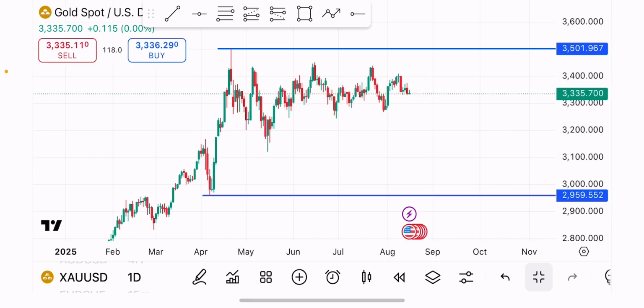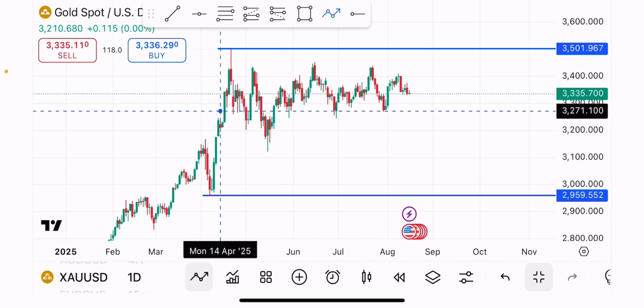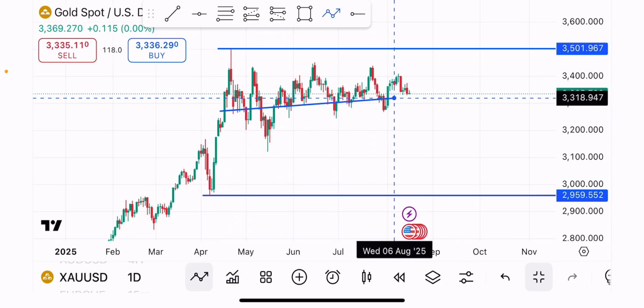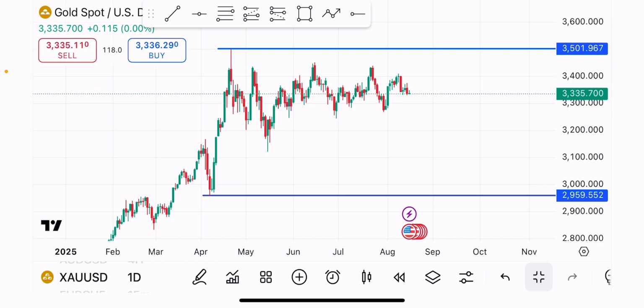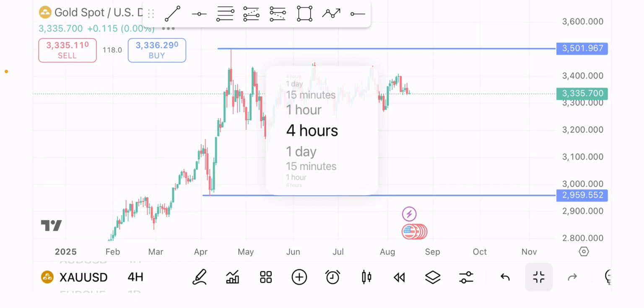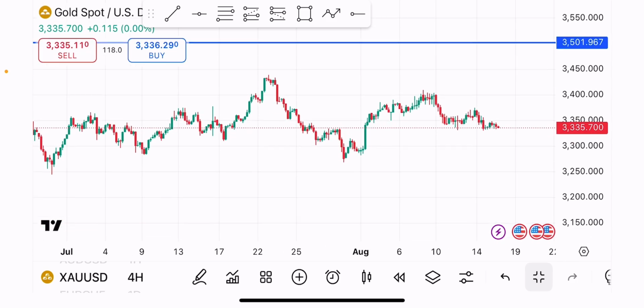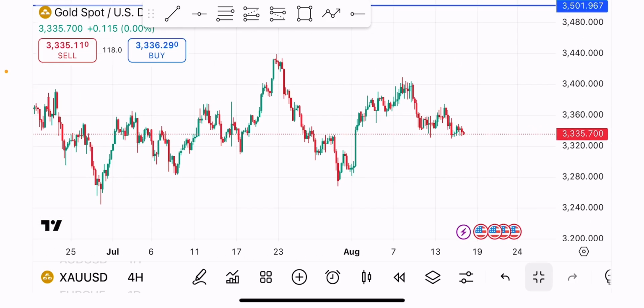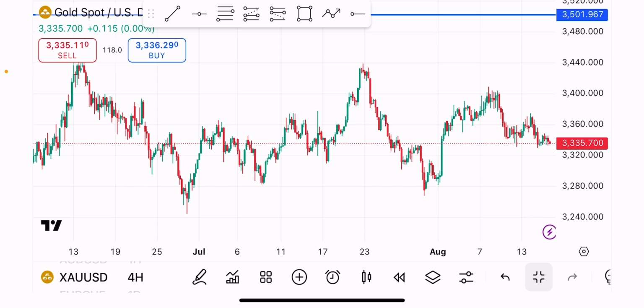So we are still in between. We are trading in between the swing high and swing low. Do you understand? So now let's go to our 4-hour time frame to see where we'll be seeing the market opportunity for this coming new week and what we should be expecting.